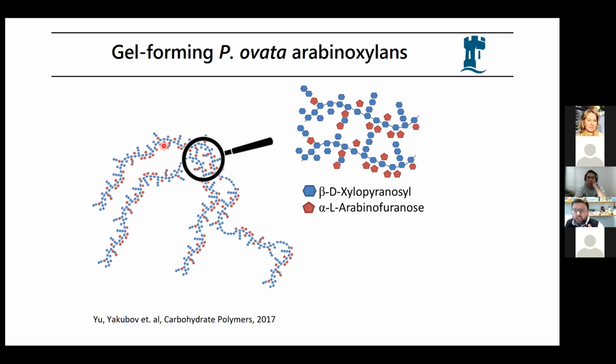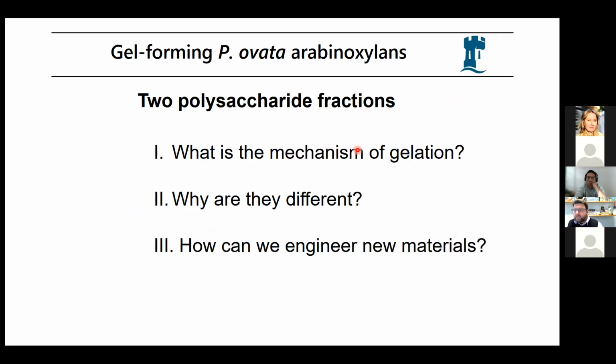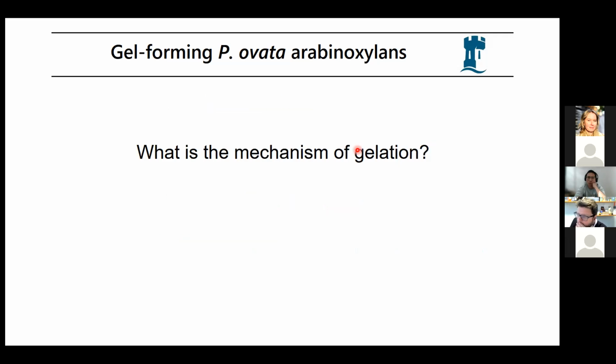Essentially two monosaccharides, arabinose and xylose, with very unusual 1,3 linkages that link the xylose to the backbone. These xylose side chains are 1,3 linked, and you have this very high level of substitution of almost 95%. So the questions we had, with two polysaccharide fractions: what is the mechanism of gelation of these fractions, why are they different, and how can we engineer new materials? This is the question we wanted to ask.